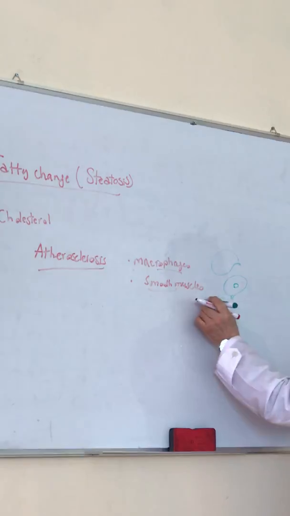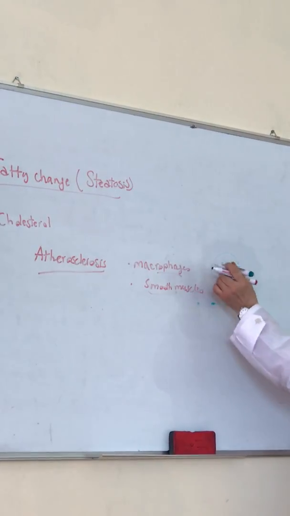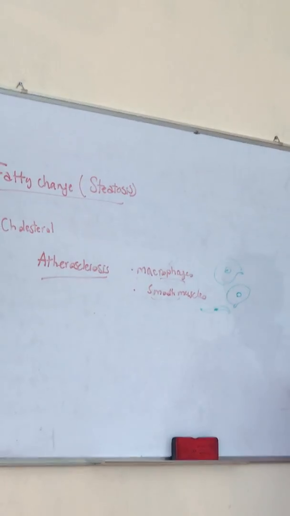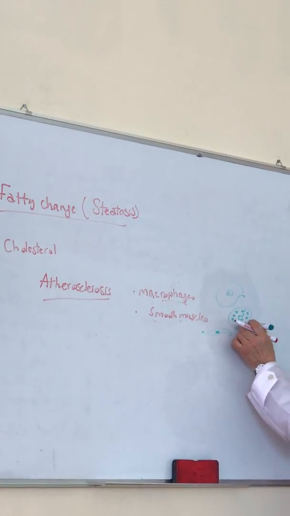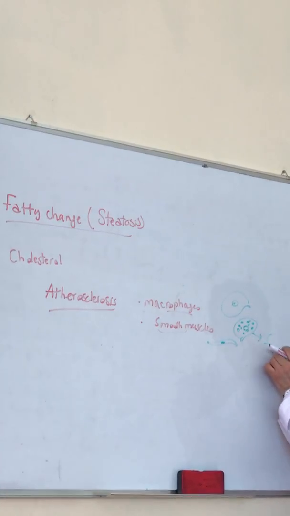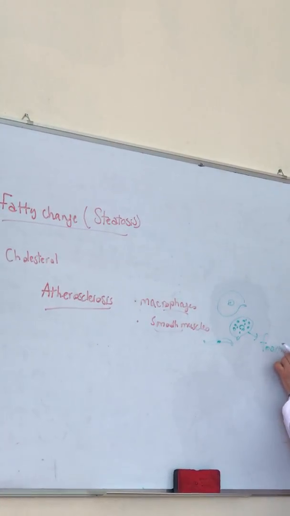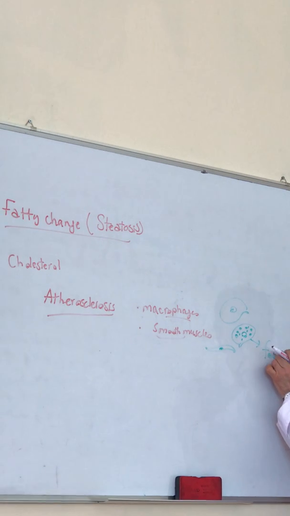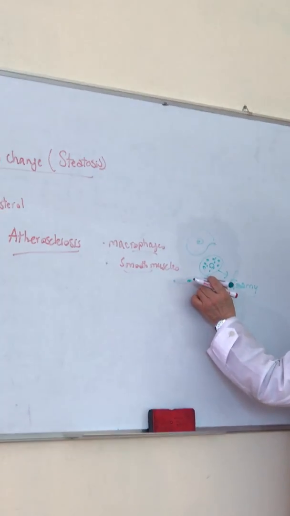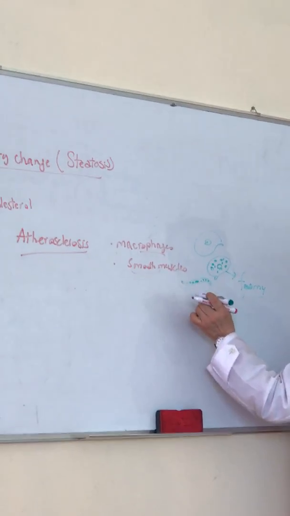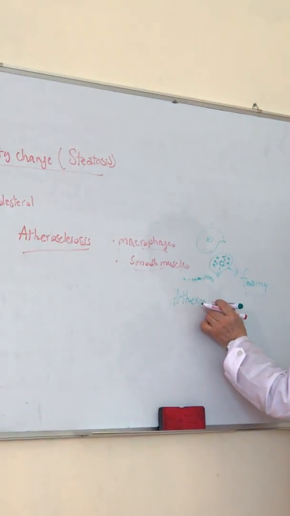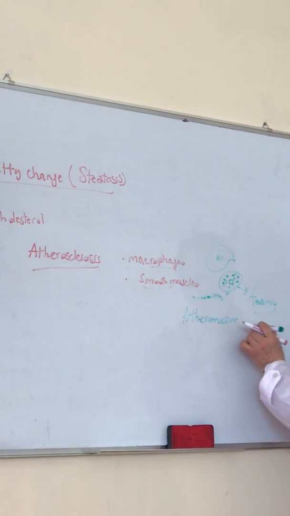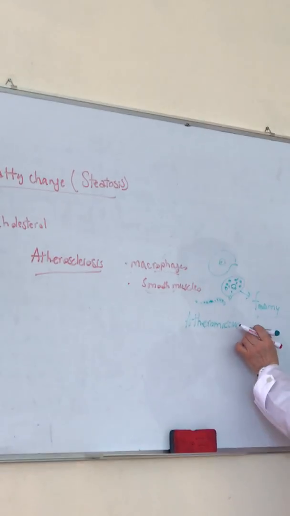Macrophages, and also smooth muscle cells, accumulate these and make the atheromatous plaque, which can be dangerous.